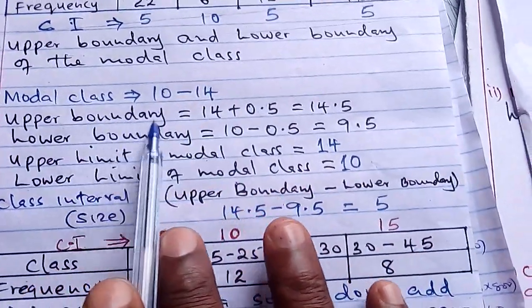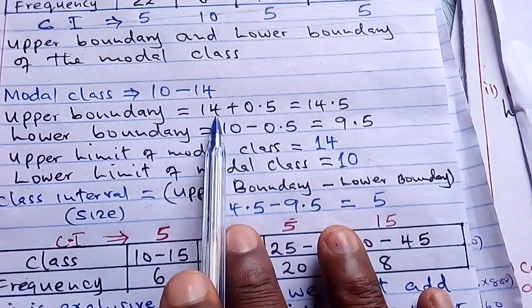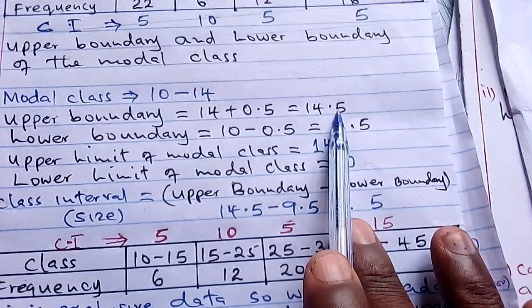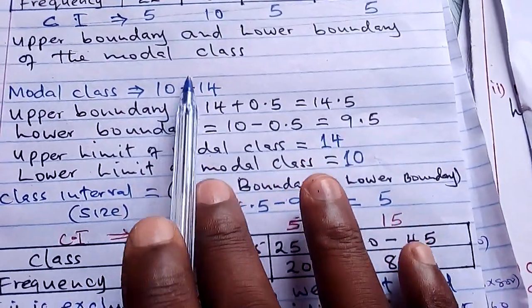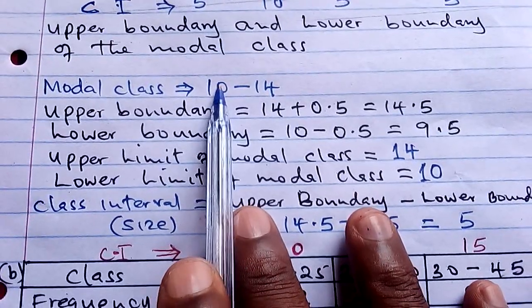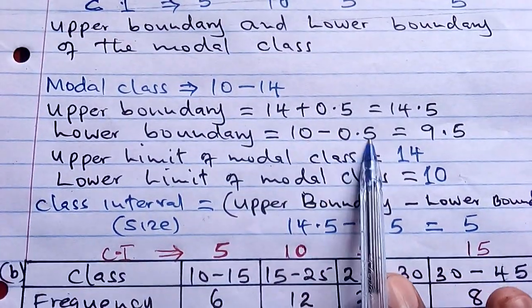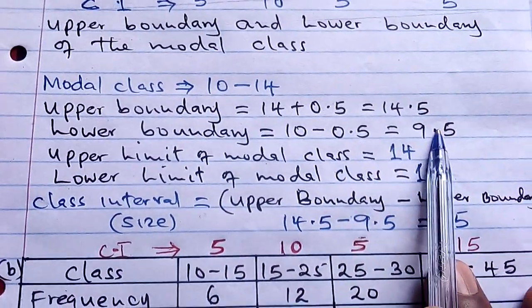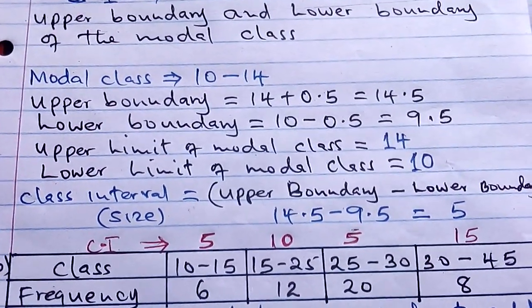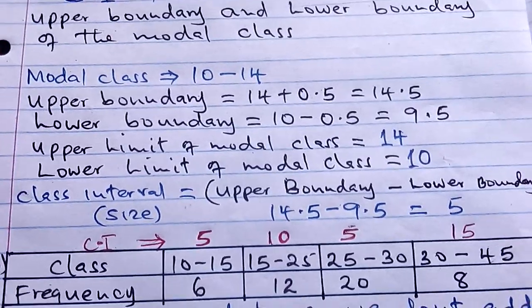So getting the upper class boundary, we are going to add 0.5 to this 14. That's giving us 14.5. Well, if you want to get the lower boundary of this class, 10, we are going to take 10 minus 0.5 to get 9.5.